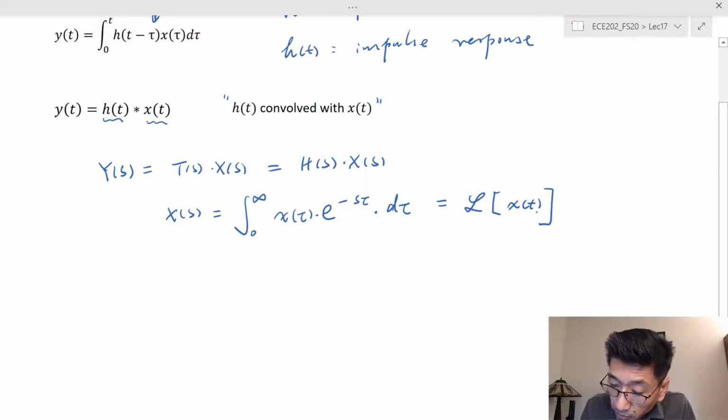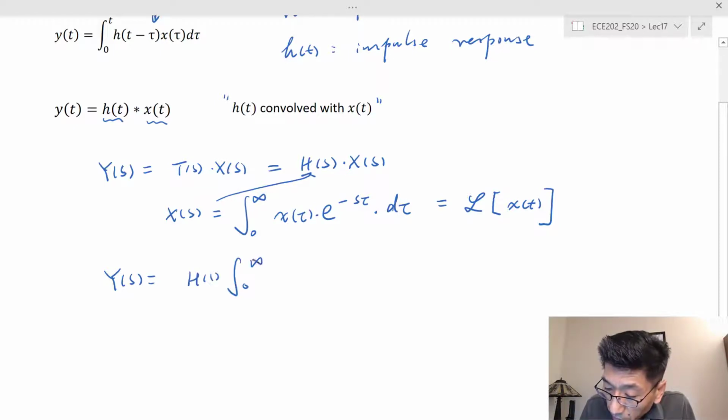And now Y(s) is, if I substitute this back into this equation for H(s), we will have H(s) times the integral from 0 to infinity of x(tau). I'm going into a little more detailed steps; I'm not skipping the steps.